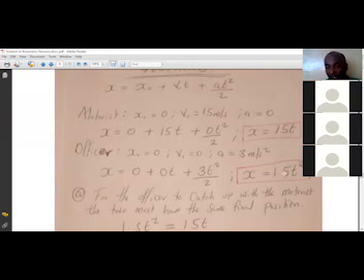Yes, sir. Patience: how about when you use the quadratic formula, then you find out that your values are negative?